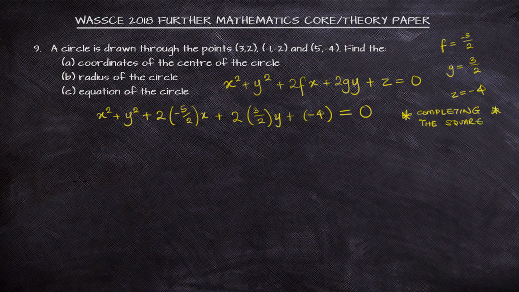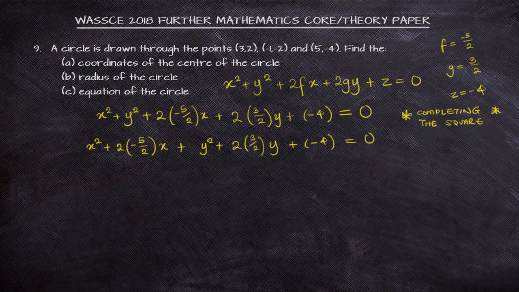We can take this expression and use completing the square to bring out some very cogent equations, so that we have x squared plus 2 into minus 5 over 2 x, plus y squared plus 2 into 3 over 2 y. Now we have plus minus 4 is equal to 0.